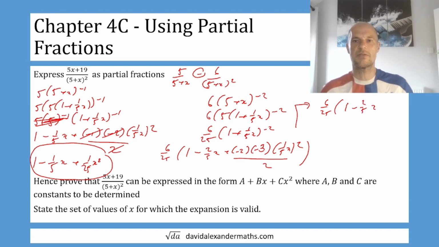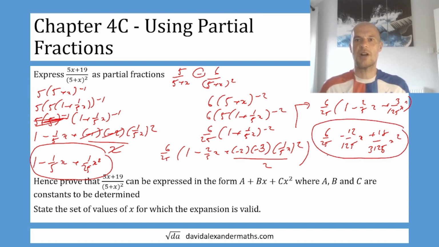So 2 times 3 times a fifth divided by 5 divided by 2 is 3 over 125 x squared. Expand the brackets, we get 6 over 25 minus 12 over 125 x, and this is plus 18 over 3125 x squared.